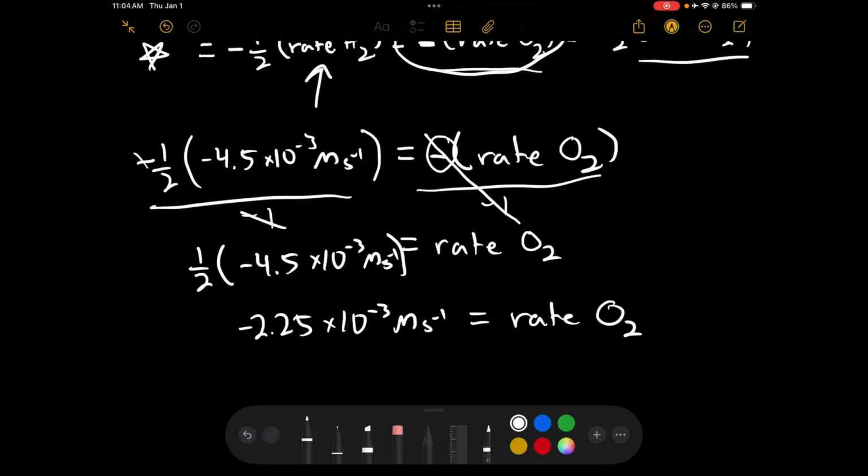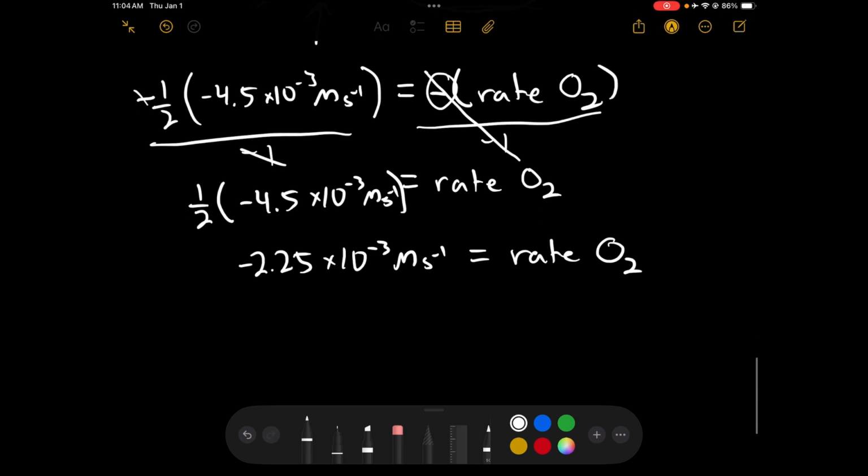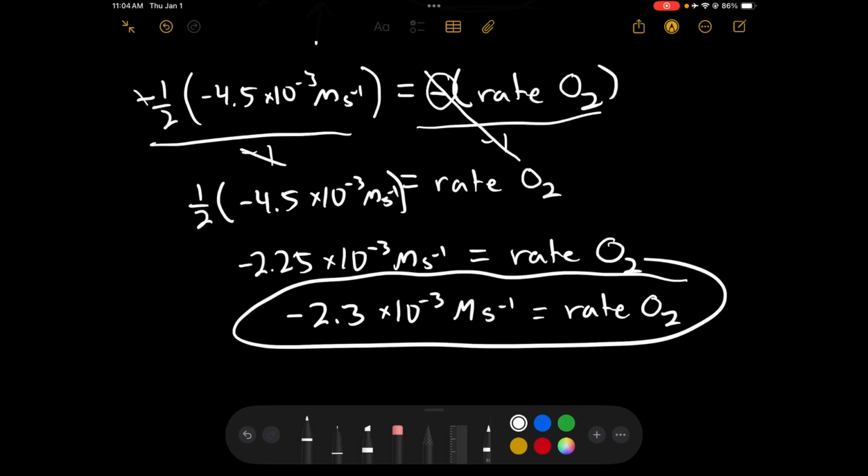Now, please recall, sig figs are always a thing, so instead of leaving this as negative 2.25, I'm going to round it to negative 2.3 times 10 to the negative third molarity per second and set that equal to the rate of O2. And that is my first answer.